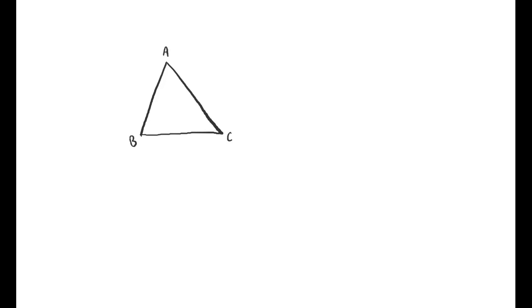You have an acute triangle ABC where angle B is greater than angle C. The midpoint of BC is M, and the feet of the altitudes from B and C are E and F respectively.